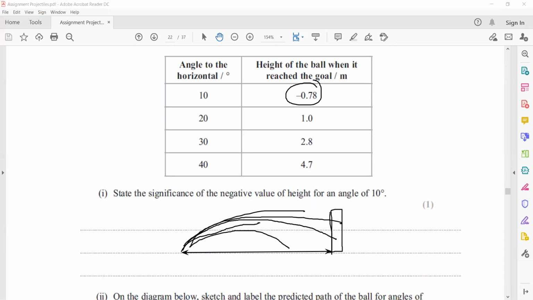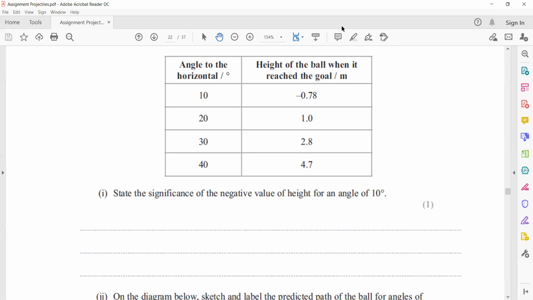What it represents is that the ball bounces or the ball will hit the ground before reaching the goal. That's the significance of a negative height.